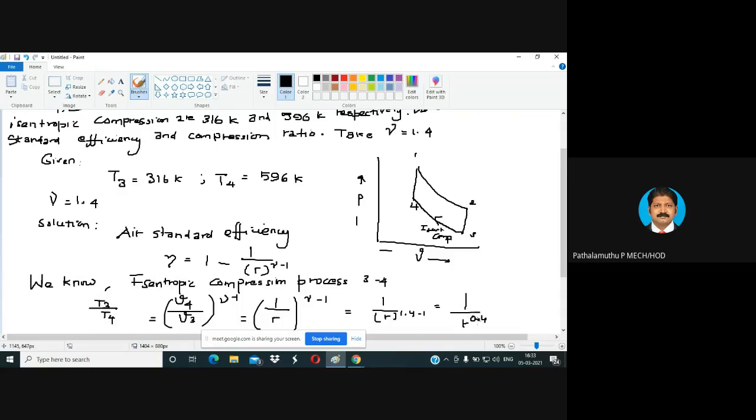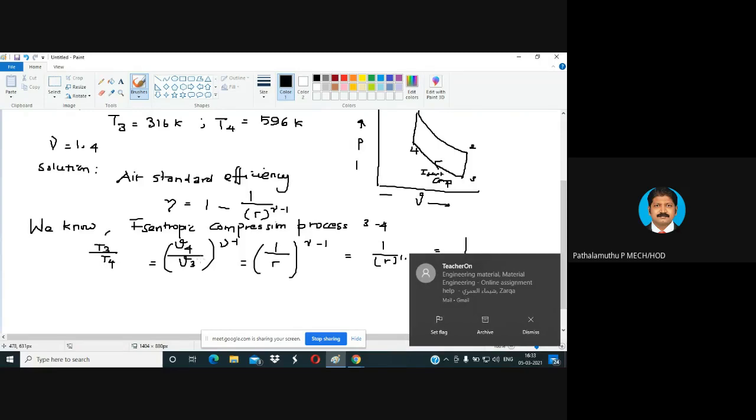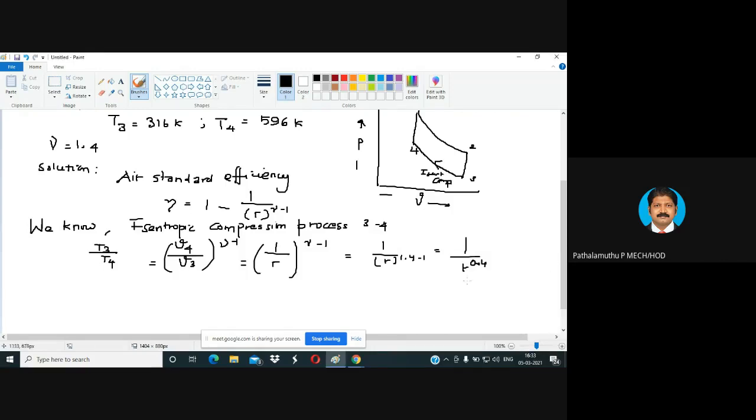From the equation, R power 0.4 equal to T4 by T3.